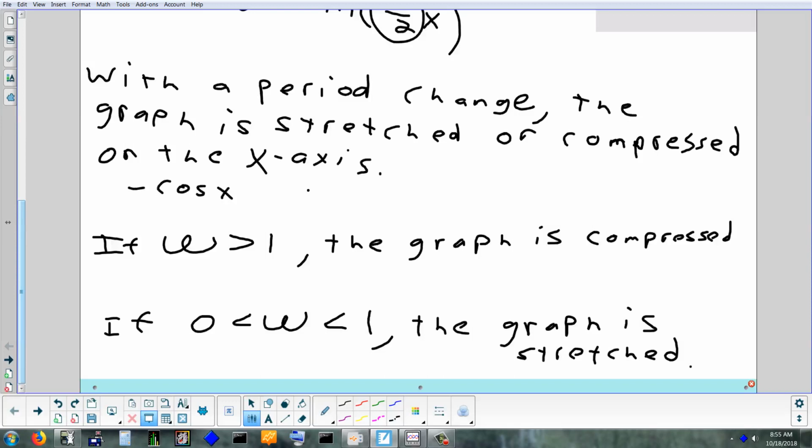If you put a negative inside, like that, it would flip it left and right. So one of them flips it over the x-axis, up and down. One of them flips it over the y-axis, left and right. So we're not really going to look at omega ever being a negative. So you don't have to worry about it. Any questions on that?